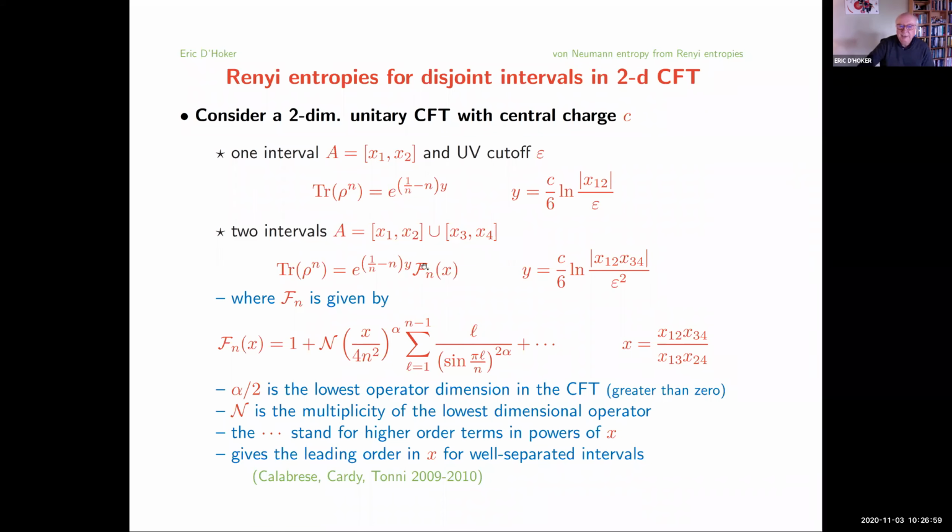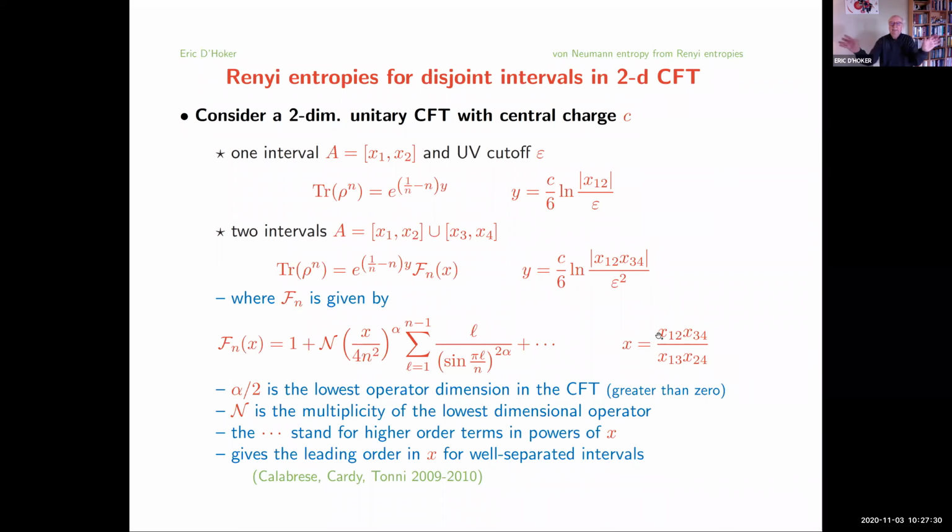Now, for a general CFT, you can't evaluate this fn exactly, but you can expand it in a limit where x is small. That is basically the case where the length of the intervals is small compared to their relative separation. You see that if x12 and x34 are small compared to x13 and x14, then this is a small number.